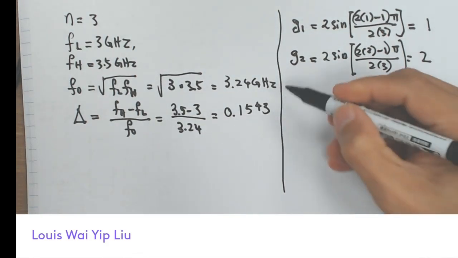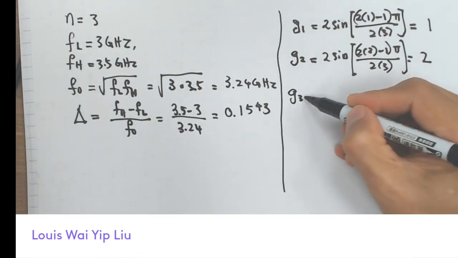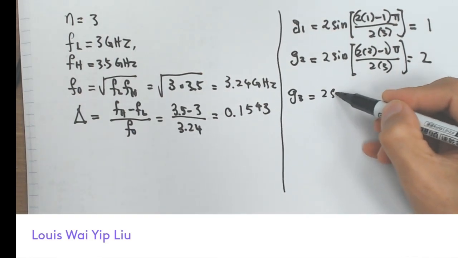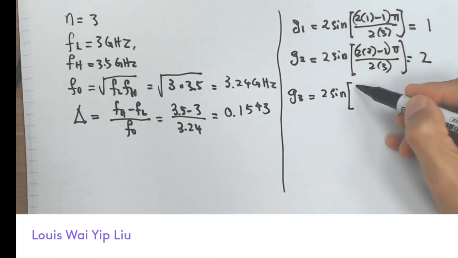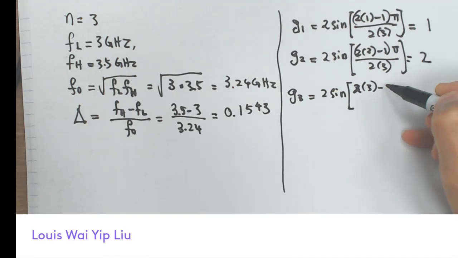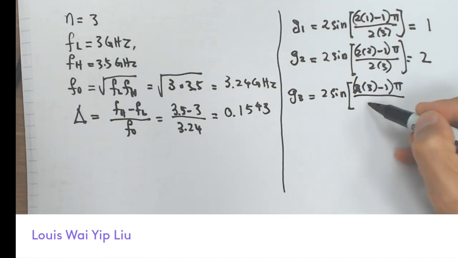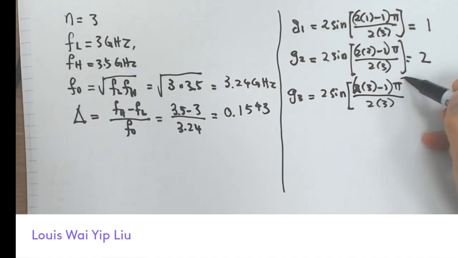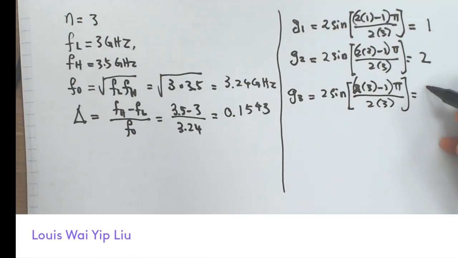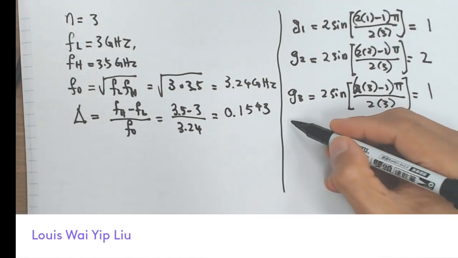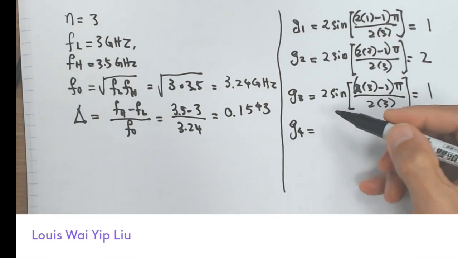And g3 is 2 times sine of (2·3 minus 1)π over 2n, and this will end me up with 1. And g4 is equal to 1.